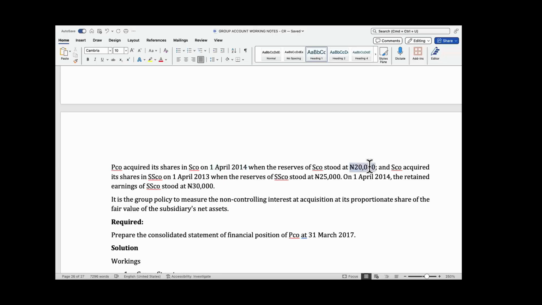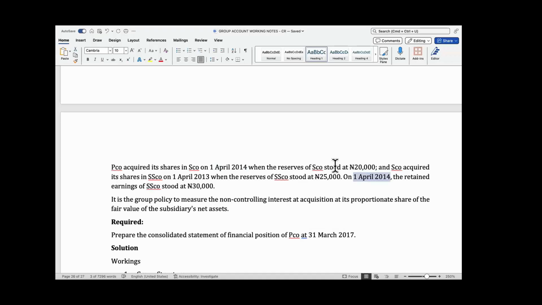And the retained earnings of ESCO as of 2014 is, from the parent's standpoint, the pre-acquisition retained earnings of ESCO, and also from SSCO's retained earnings. The pre is this 30, which is retained earnings as at when we acquired ESCO.